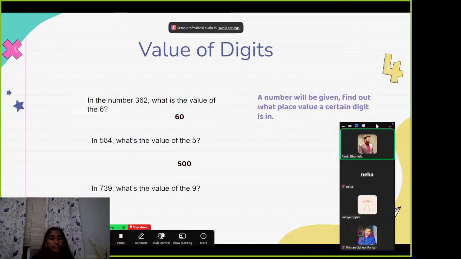And then there is 739. Which place value is the number 9 in? The ones place, because it's at the very last, and you start from right to left when you're reading place value. So it's just 9.